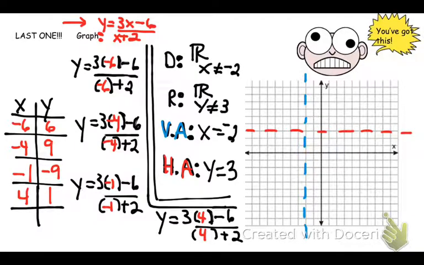All right, so we subbed in our values, we solved, we have our table, and now we're going to plot our points. All right, so remember we're starting from the origin. We're not starting from any place on our asymptotes. That's just not where our line is going to cross. So I went over -6 up 6, and then I went over -4 up 9, and then we know that this line is going to get close.